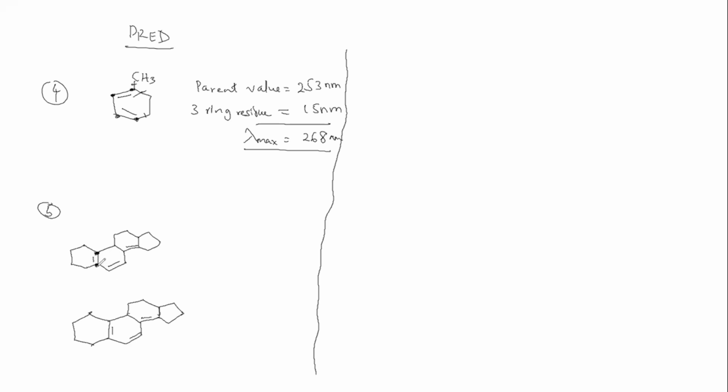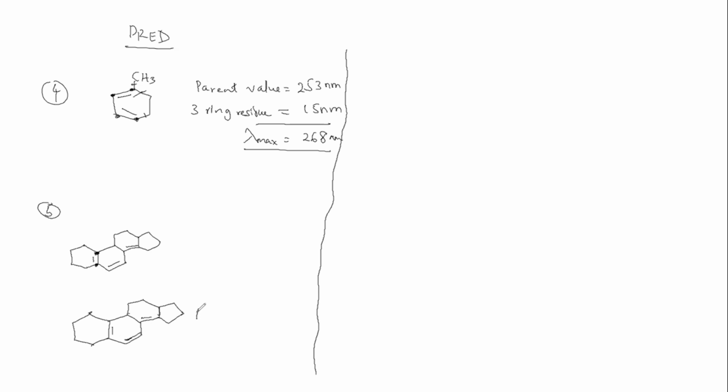Some students may look at it and say this is a heteroannular diene component. No, it's actually an homoannular diene component. Of course, you can pick heteroannular, but to have the maximum, we pick the homoannular diene component.